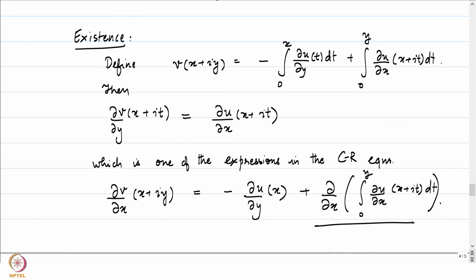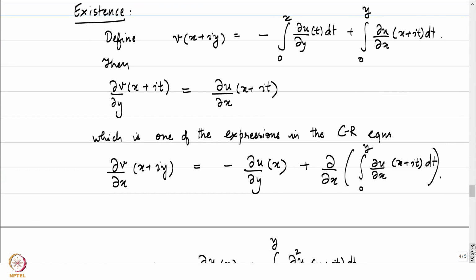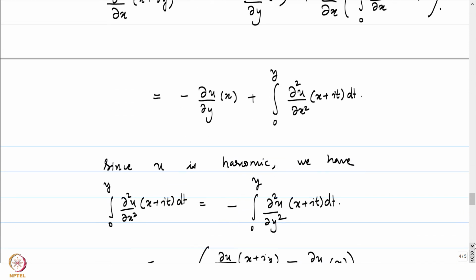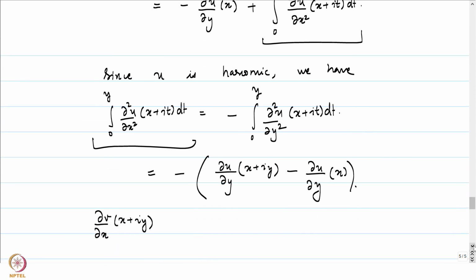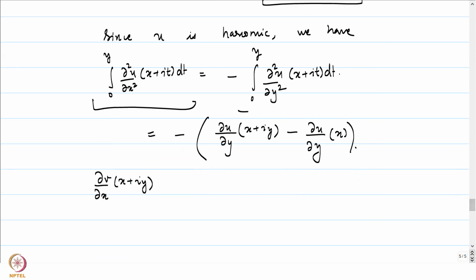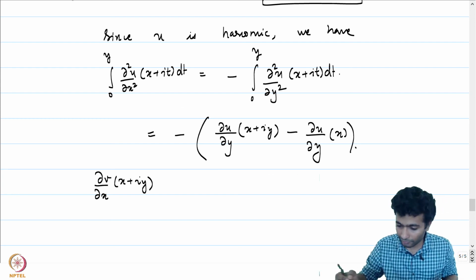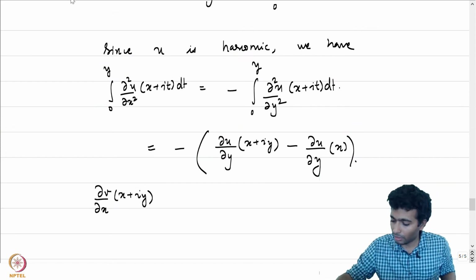We will now focus on this term, which is being studied here by interchanging the integral and the partial derivative operator, and then we will focus on this particular term. This particular term is being studied here, which by harmonicity of u can be written in this manner, and by using the fundamental theorem of calculus again we can write it like this. So we have used the fundamental theorem of calculus quite powerfully in this proof.